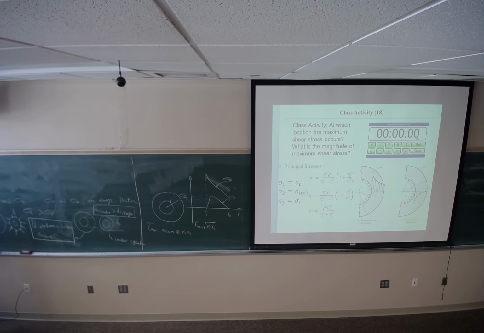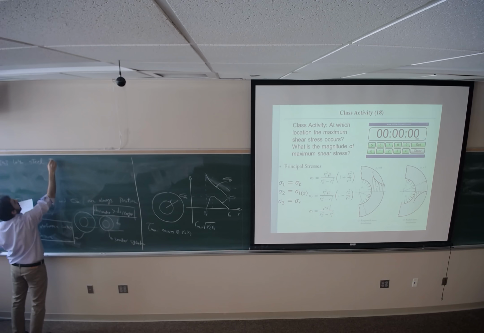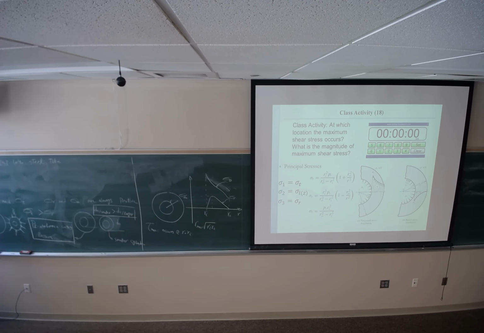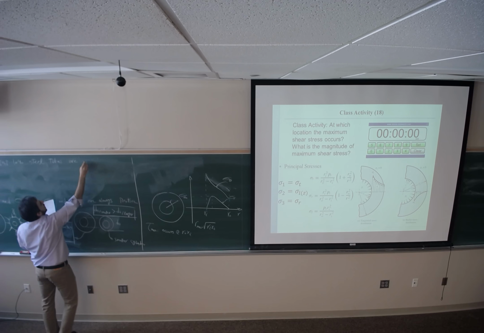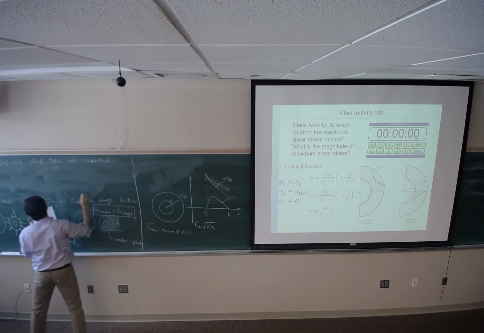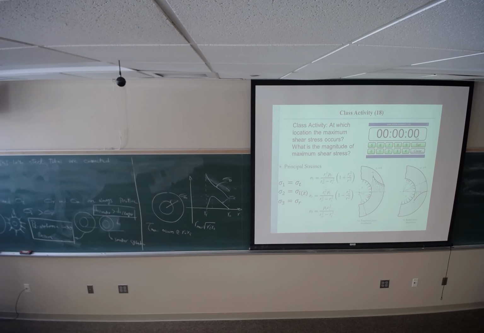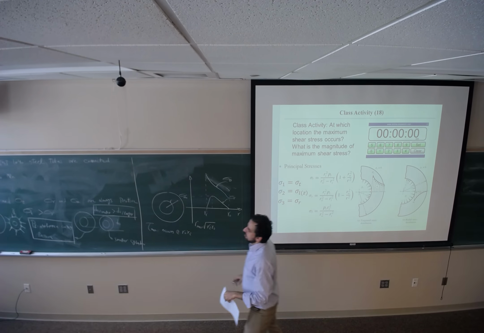Two concentric AISI 1040 tubes are connected by press fit at PF equal to 110 megapascal. So we have two tubes.